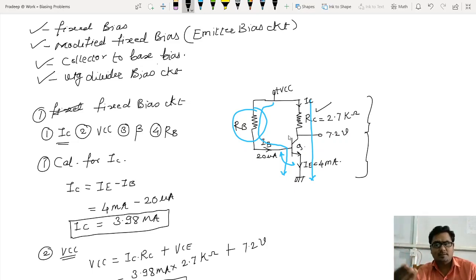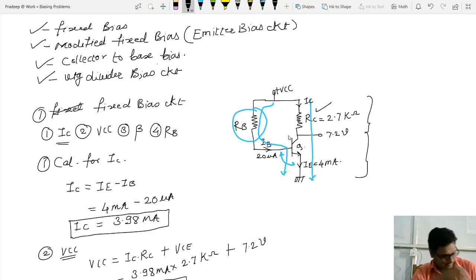We just need to apply KVL and KCL that you have already studied many times in your network analysis. If it is a biasing circuit, the numericals will be so simple. This is the final demonstration. So simple numericals are there with us.